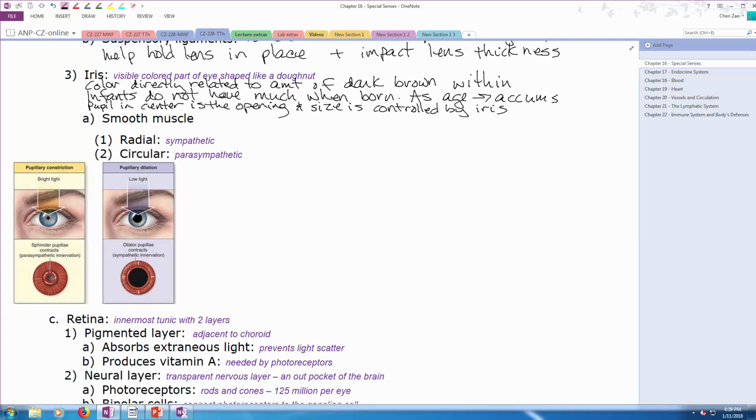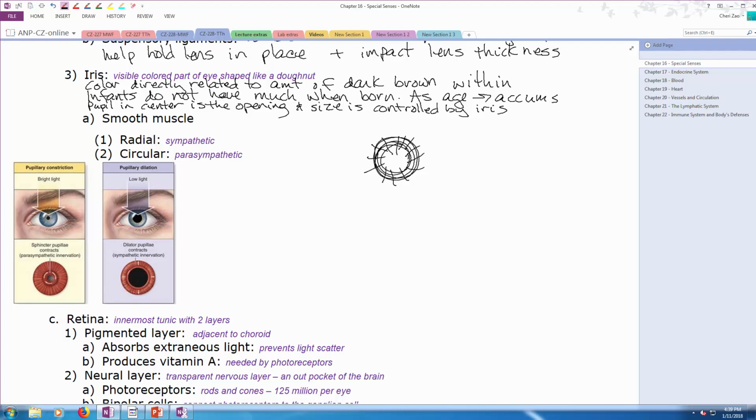Involuntary control. So remember, things that are involuntary are, other than the heart, basically going to all be smooth muscles. So it is smooth muscle, and the smooth muscles are arranged in a radial pattern as well as a circular pattern.